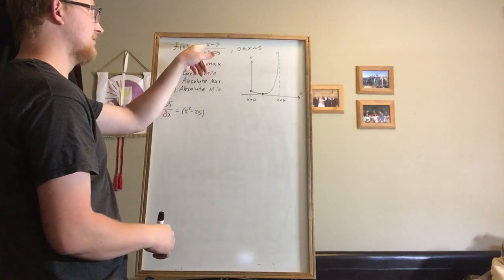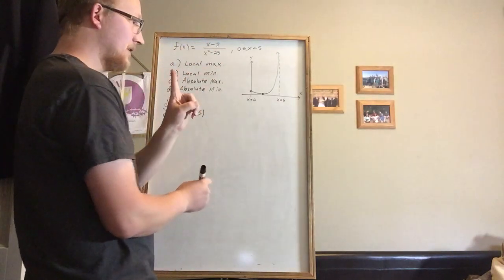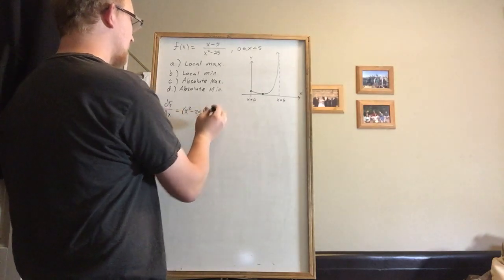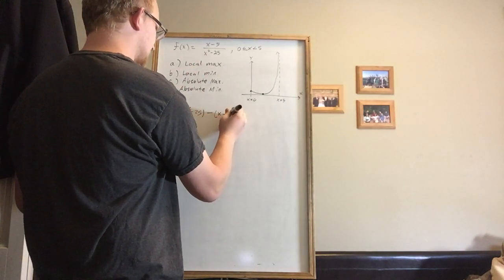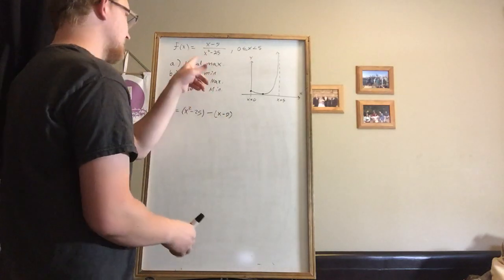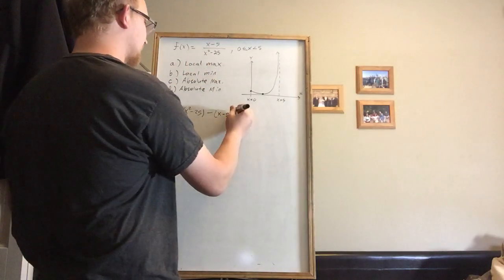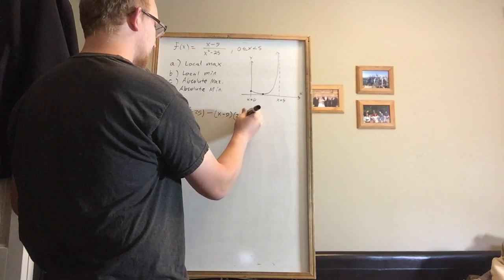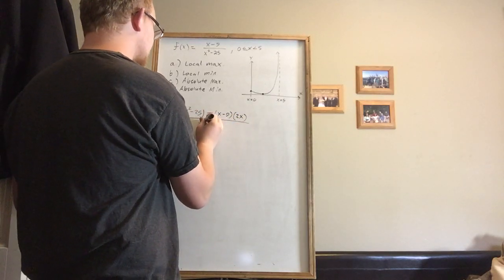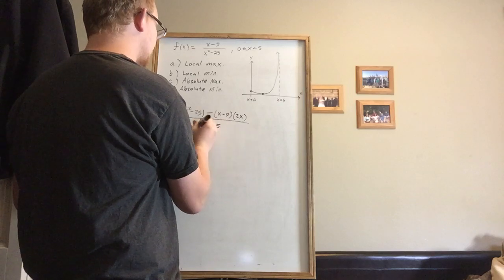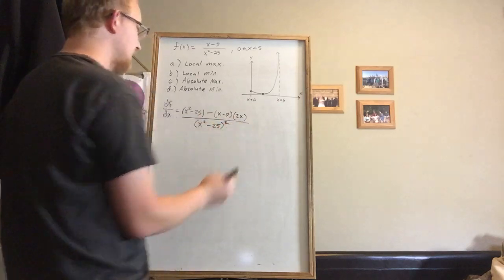D high is the derivative of x minus 9, which is just 1, so I won't write it down, minus high, which is x minus 9, times d low, which is the derivative of x squared minus 25, which is 2x, all over low squared, so all over (x squared minus 25) quantity squared.